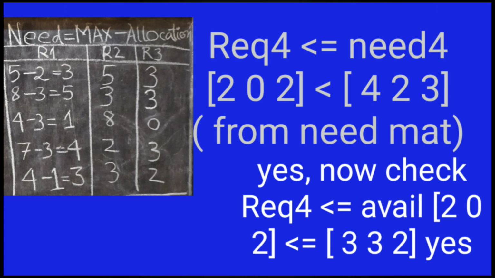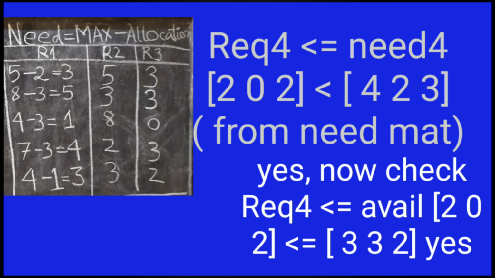That means we now move to step 3 of the algorithm. First we check this, and we see that the conditions are fulfilled. Here Request4 indicates the request of process 4 and Need4 indicates the need of process 4. Similarly, Request4 less than or equal to Available: 202 is less than or equal to 332, because in our previous slide, after subtracting, the current availability was 332.